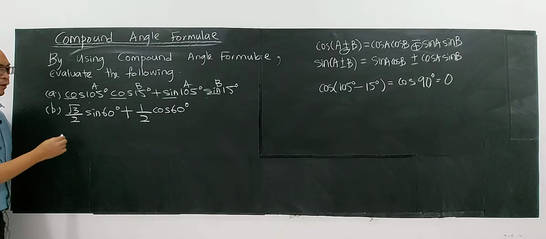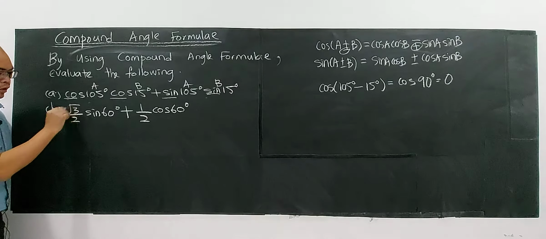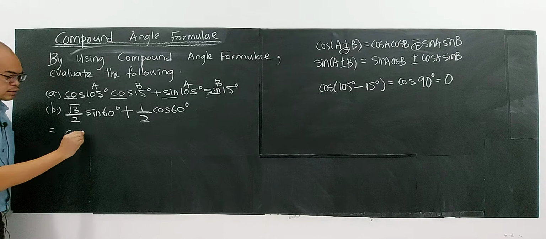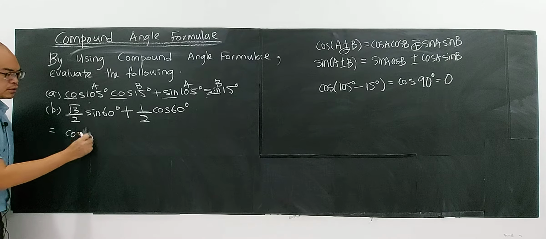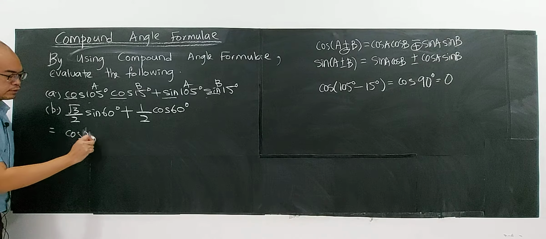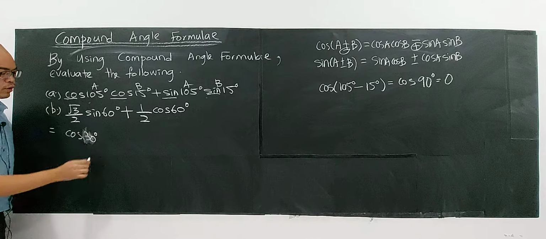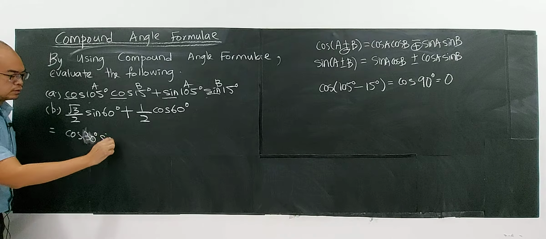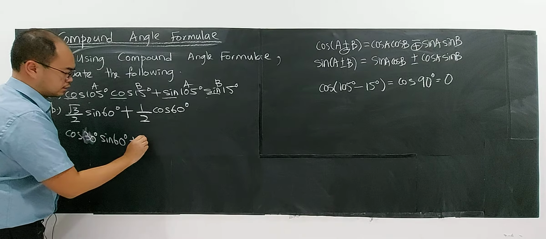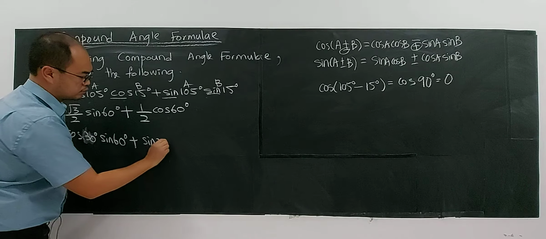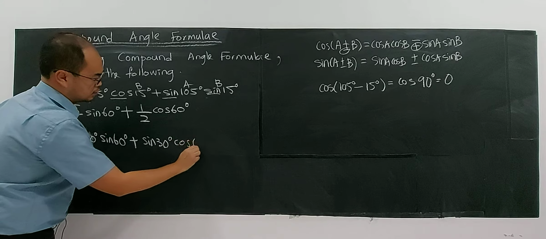Or you can use compound angle here, because this one is actually cos 30 degrees, which gives you square root 3 over 2, and this one is sine 30 degrees, and cos 60, right?